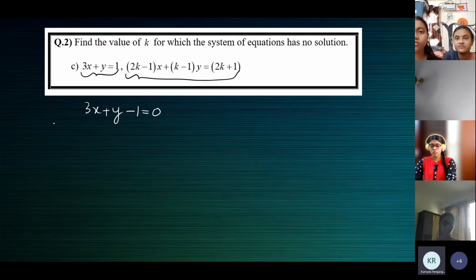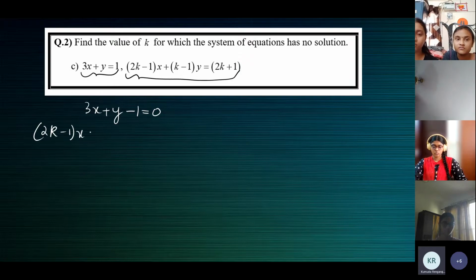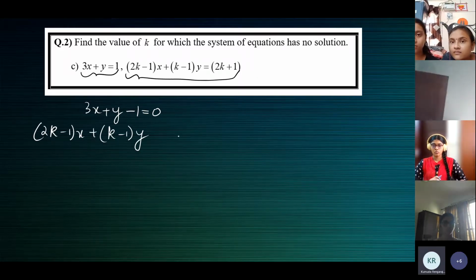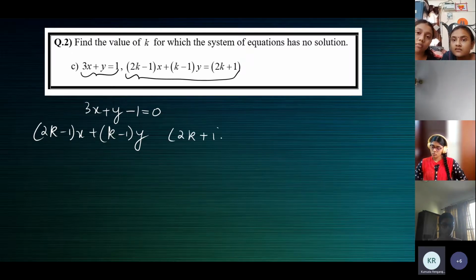Yes, Murali Krishna, second one. Second equation: (2k minus 1) x plus (k minus 1) y, 2k plus 1 is on the right hand side. Take it to the left hand side. It'll come to the left hand side as 2k plus 1, but with a minus before it, is equal to 0.